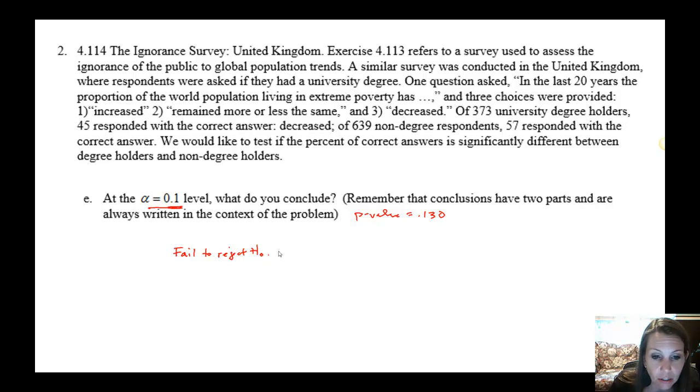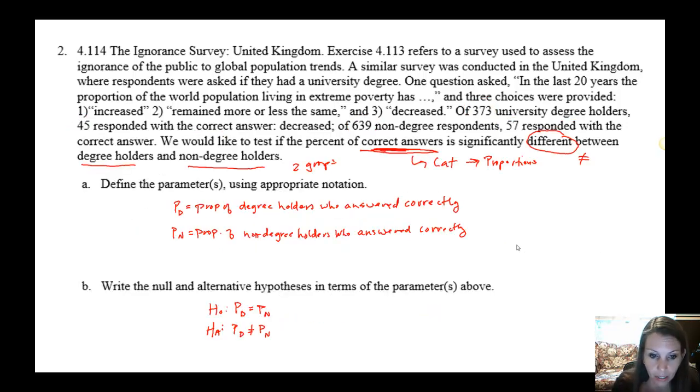If I fail to reject the null hypothesis, that means that we do not have sufficient evidence for the alternative. So we do not have sufficient evidence that, and here's where I fill in the alternative hypothesis only in words. My alternative was that the proportion of correct responses from degree holders was different than the proportion of non-degree holders who answered correctly.